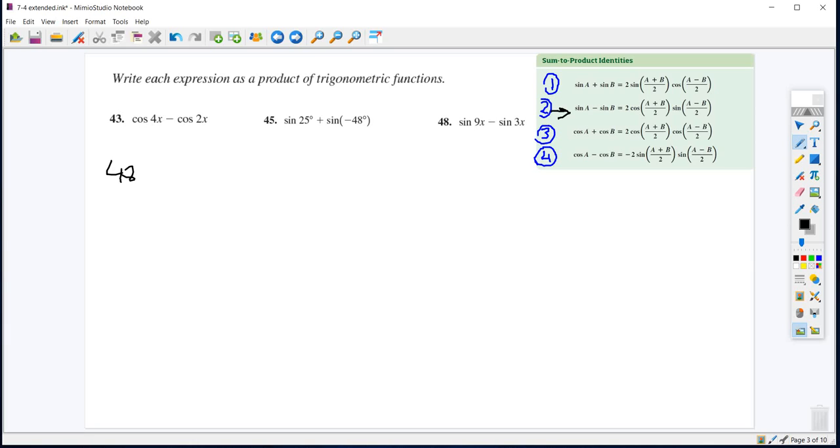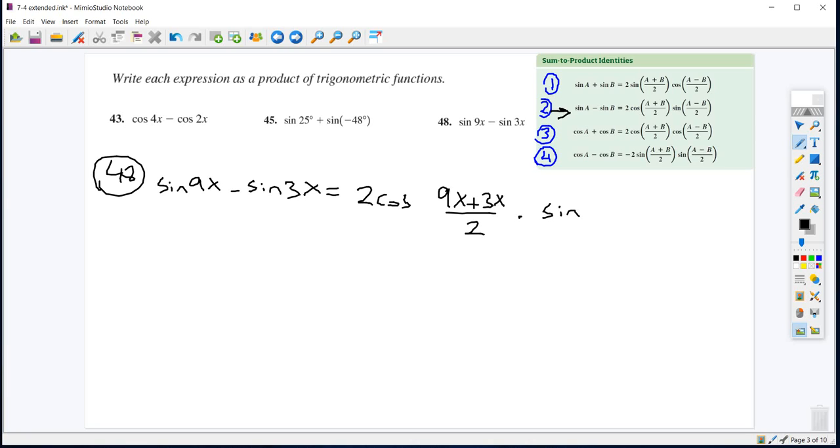Question 48. If you would like to rewrite sine 9x minus sine 3x, the difference of the trigonometric ratios, as the multiplication, that will go 2 cosine. As you can see, a is the 9x, b is the 3x, so that's going to be 9x plus 3x over 2 times sine 9x minus 3x over 2.